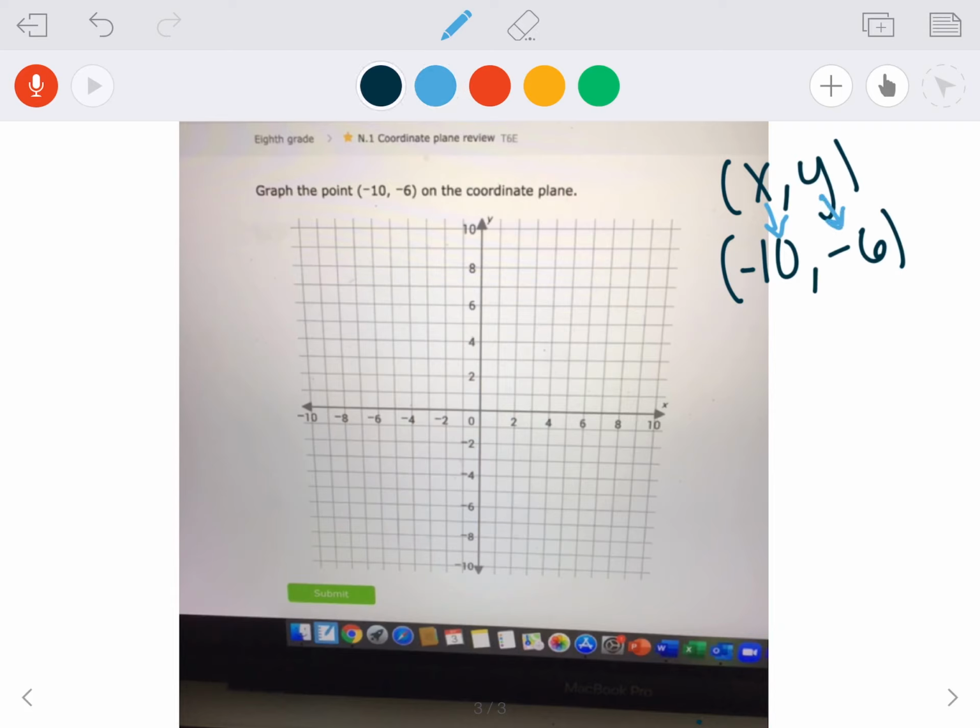So I'm going to go to -10 on the x-axis, and then I'm going to go down to -6 on the y-axis and see where they overlap. They overlap right here. I know my lines weren't the straightest, so let's see. There we go. So right there's our point. We went over to -10, down -6, and I would just scroll my cursor over and click there.